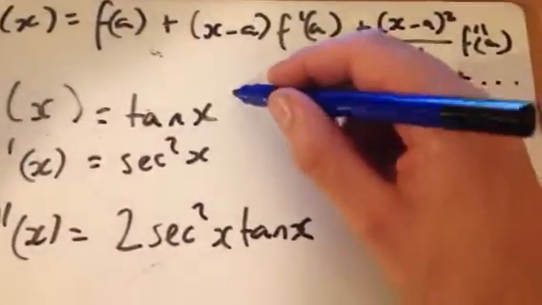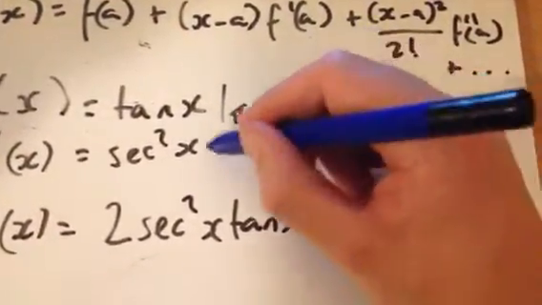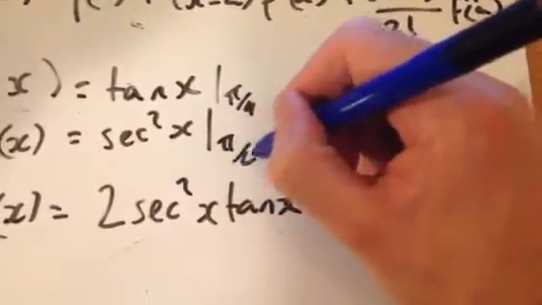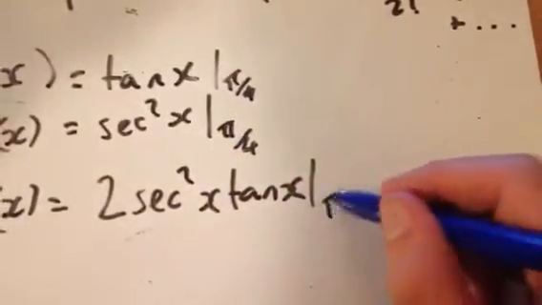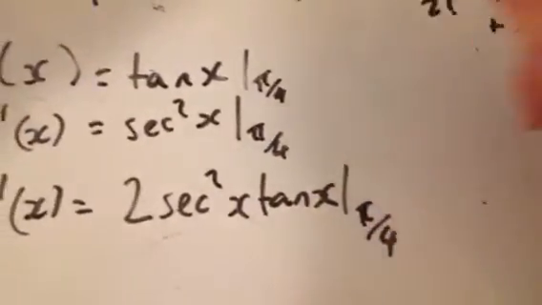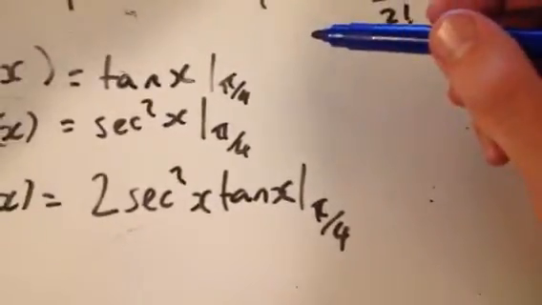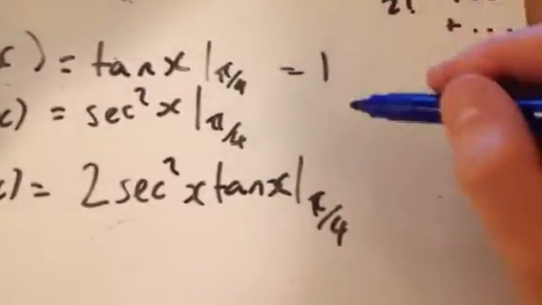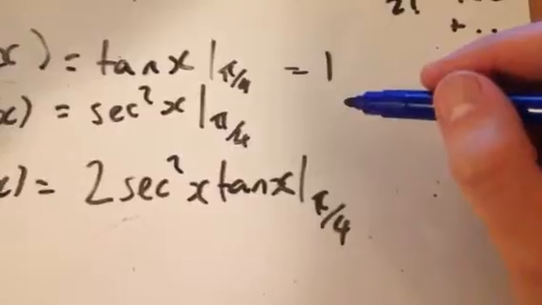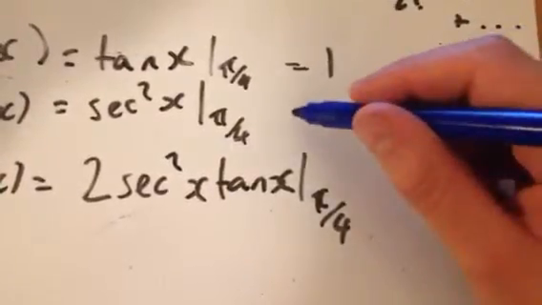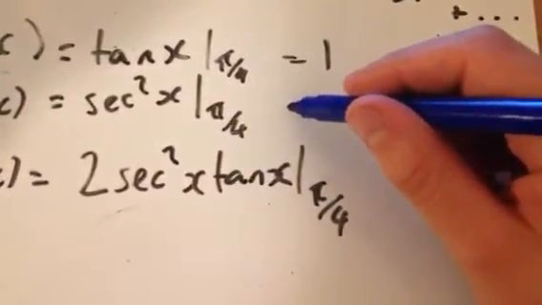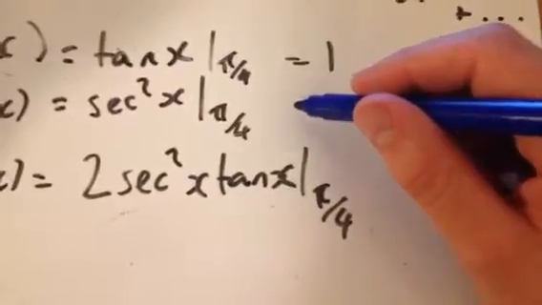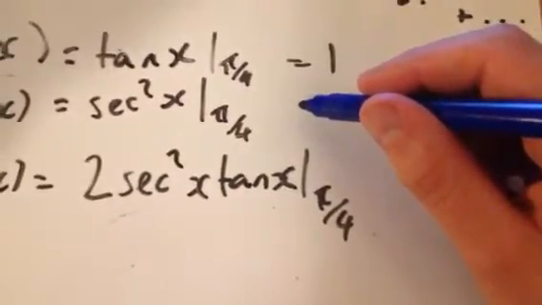So using this shorthand here, we can say that tan x at pi over 4, well that's just equal to 1. Sec squared x at pi over 4, well cos of pi over 4 is 1 over root 2, I think.